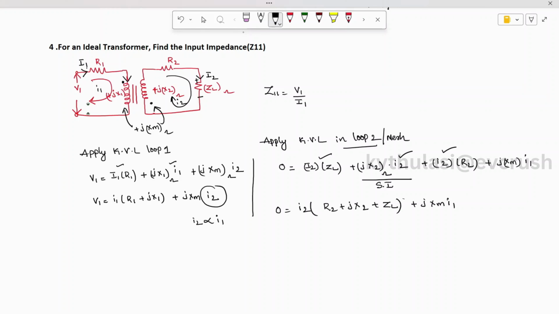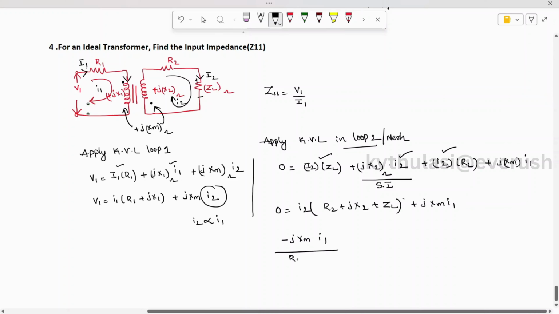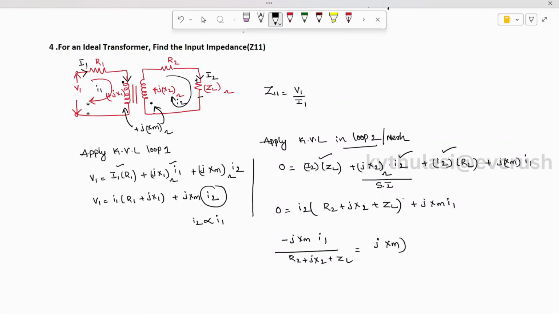Moving this term across, I2 is equal to minus jXM into I1 divided by R2 plus jX2 plus ZL.